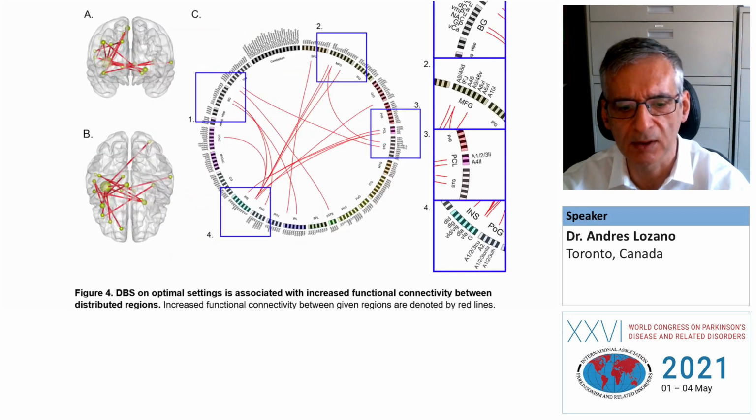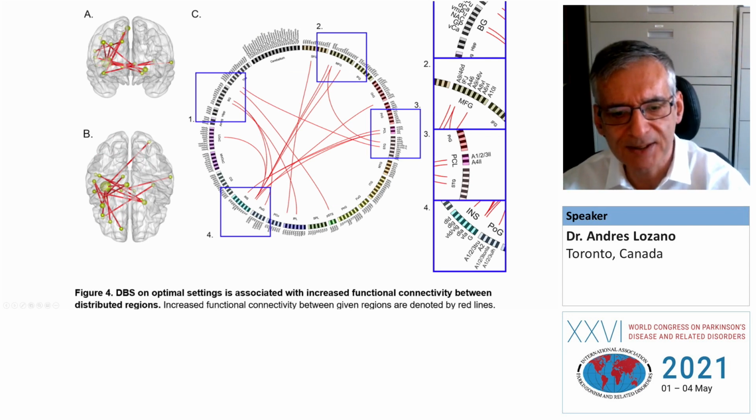And what we've seen is that there is an enhancement in the connectivity of the brain in several areas, and specifically between the basal ganglia and the premotor cortex, between the basal ganglia and the central areas, the posterior central gyri, and the medial frontal gyri. So we see that not only does DBS change the activity of brain areas, but DBS also enhances the connectivity of the basal ganglia with motor cortical areas in the brain.